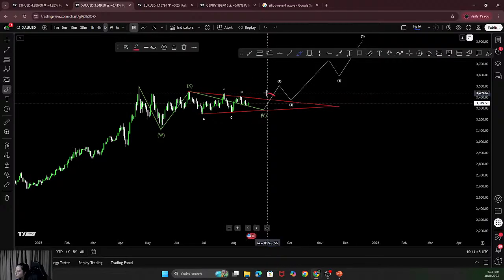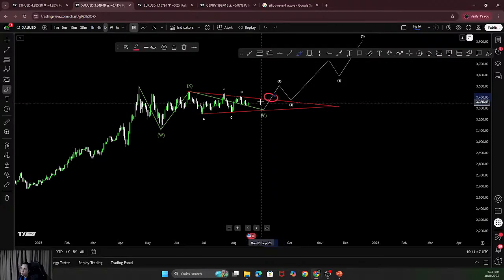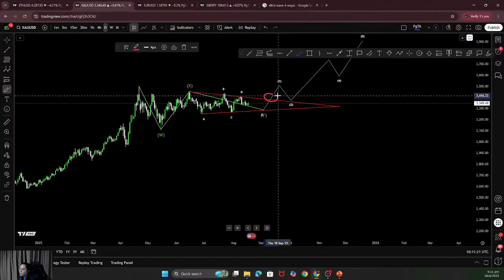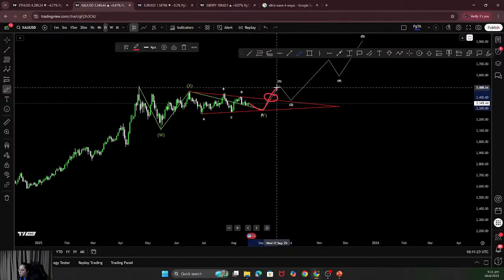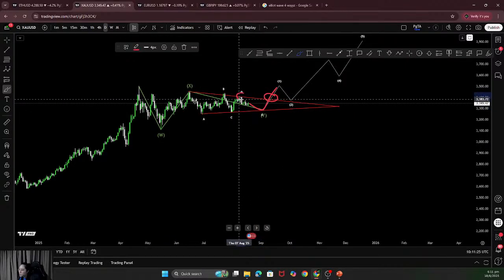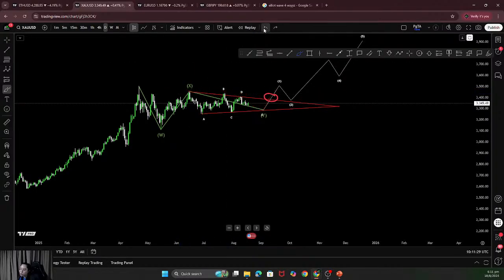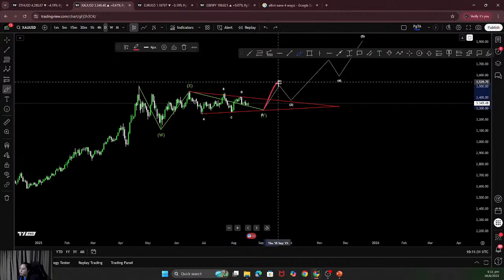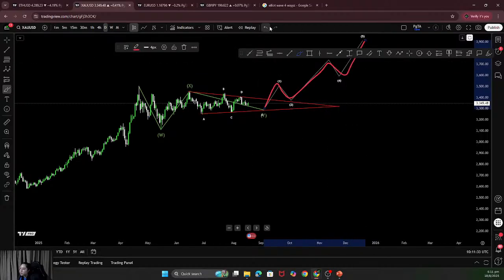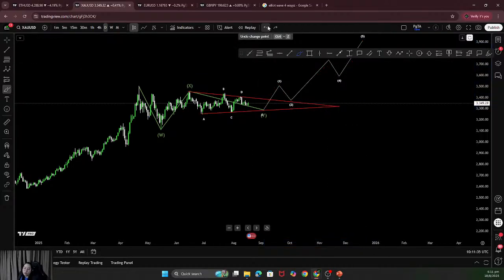There is usually a breakout of the triangle. That is your confirmation. Once you see a breakout of the triangle and it breaks this high, this high, and this high, that is your final confirmation that the 1, 2, 3, 4, 5 has started, and then you should be getting ready to get in for a buy.